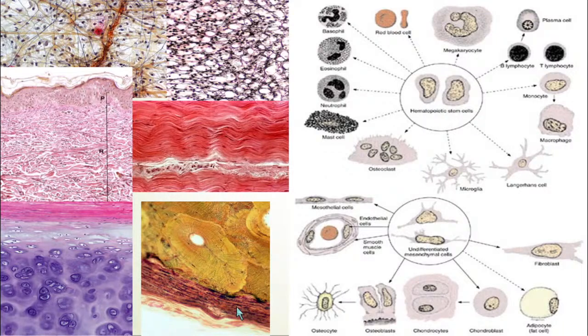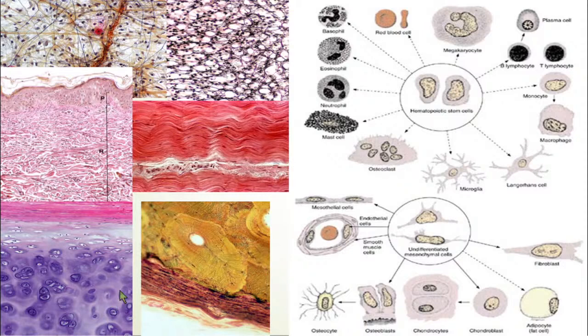For example, in bone, the extracellular matrix is highly mineralized. In bone, it is highly hydrated, with a lot of free and bound water molecules, because this is a specialized tissue.